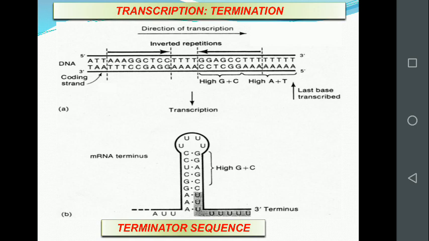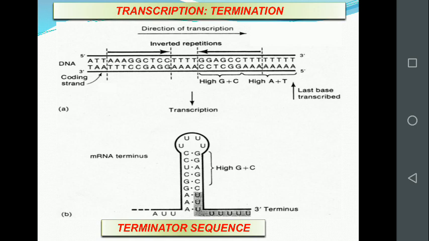The stem structure is followed by a poly U sequence. That poly U sequence is bound to the template strand with very little binding strength. So these two are the features of the terminator sequence.